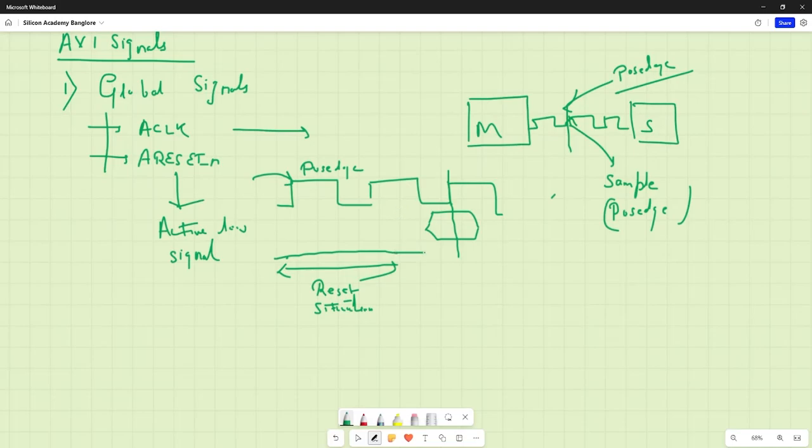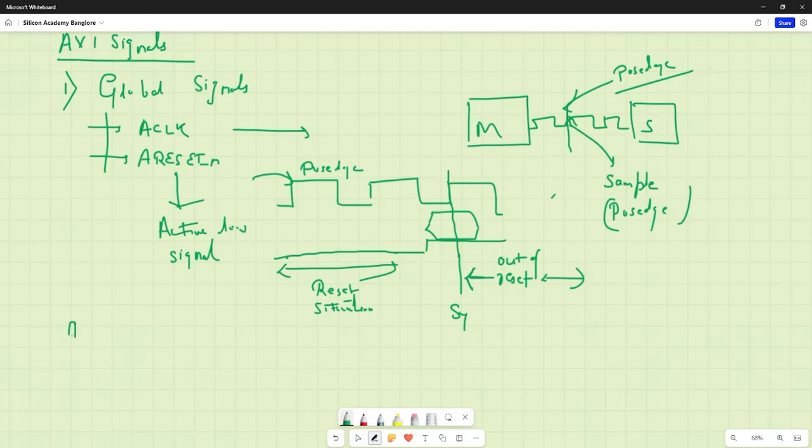And the second thing: if it goes high, the master becomes out of reset. So this is the area where the system goes out of reset. If you see, this is the clock pulse, and this is actually a synchronous deassertion. So there is a rule for the reset signal.